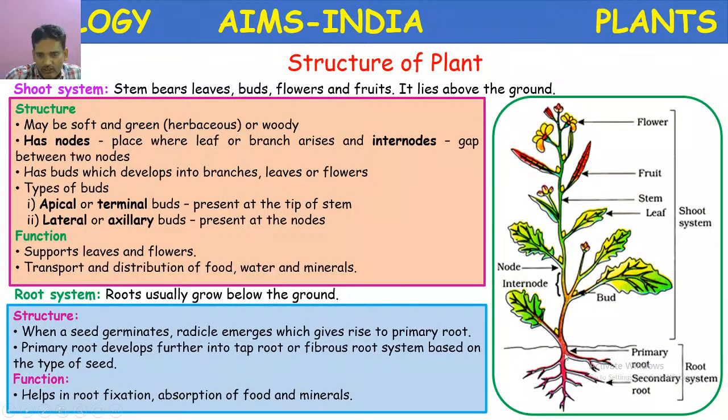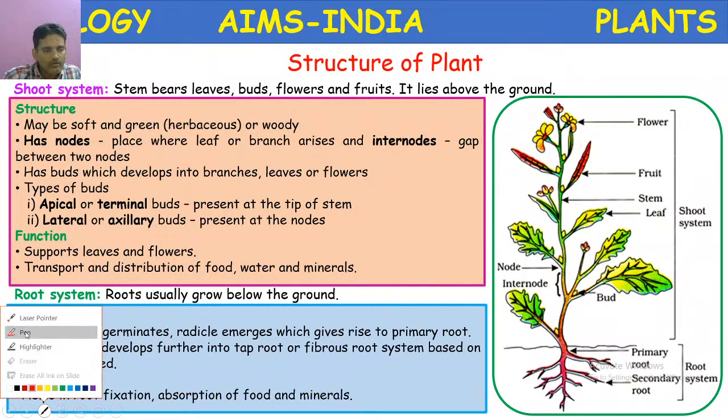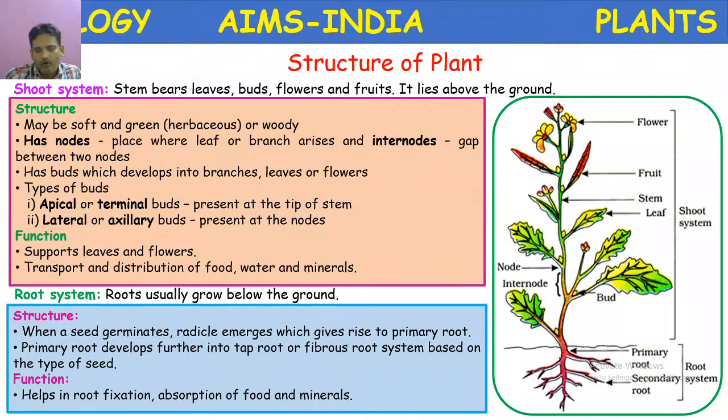That radicle grows into roots like this. In the end, we will see how the germination of seed takes place. So the root emerges and gives rise to the primary root. Primary root means the main root.